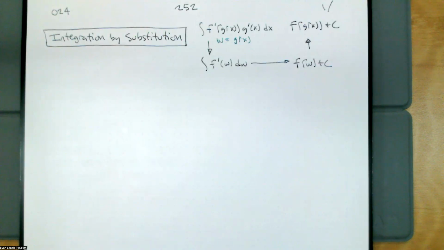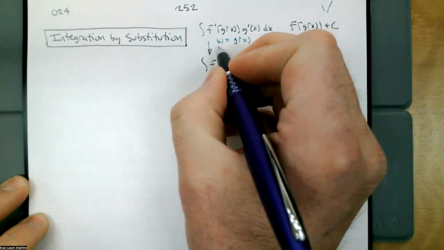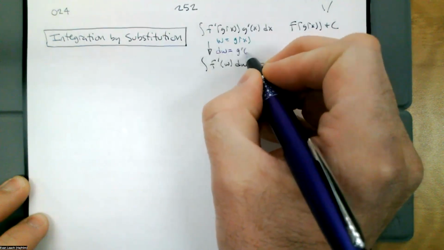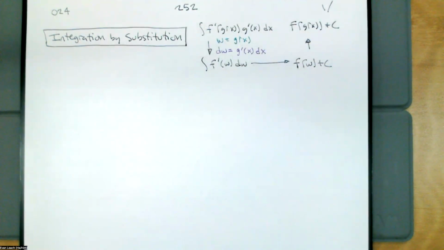The next thing we need to do is figure out what dw is. That's what makes the substitution go. So whenever you try to make a substitution, you also have to think, what's my dw going to be? You look at the expression for dw, and if you have that in your integral, that means substitution is the method for you.